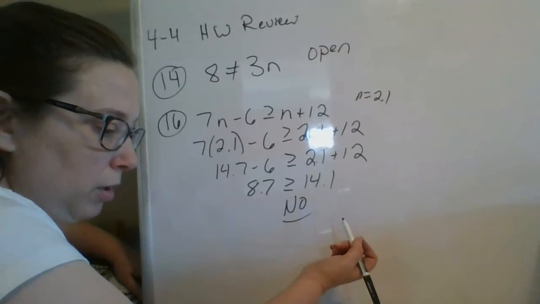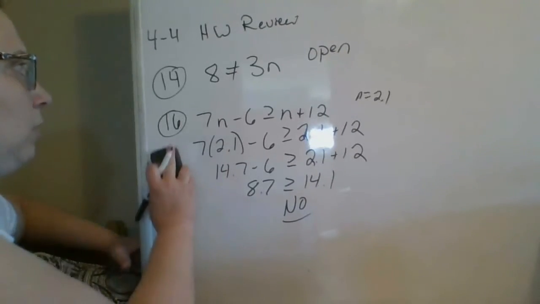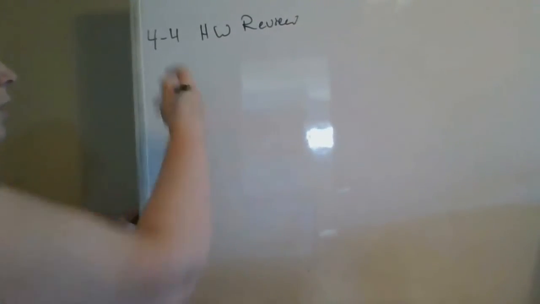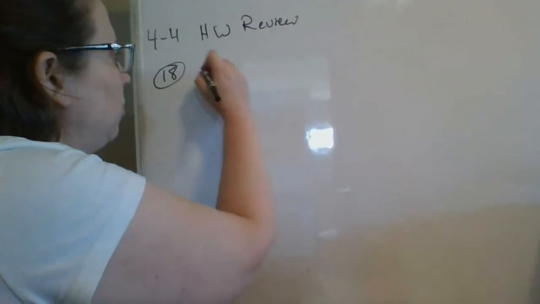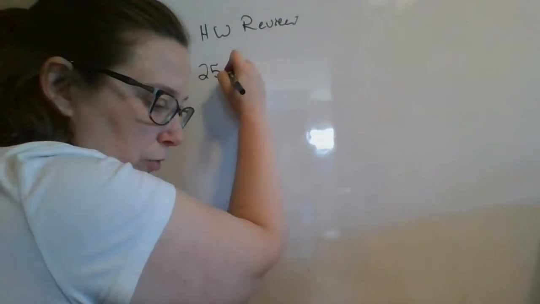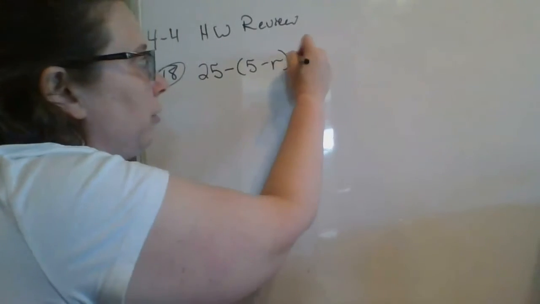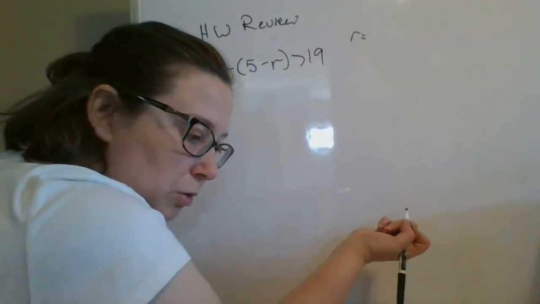Next up, we have number 18. I'm going to erase these so you guys can see it. 18 is our last one, and again, it is an inequality. We're going to substitute for our variable and then say if what they told us to substitute is in fact a solution or not.